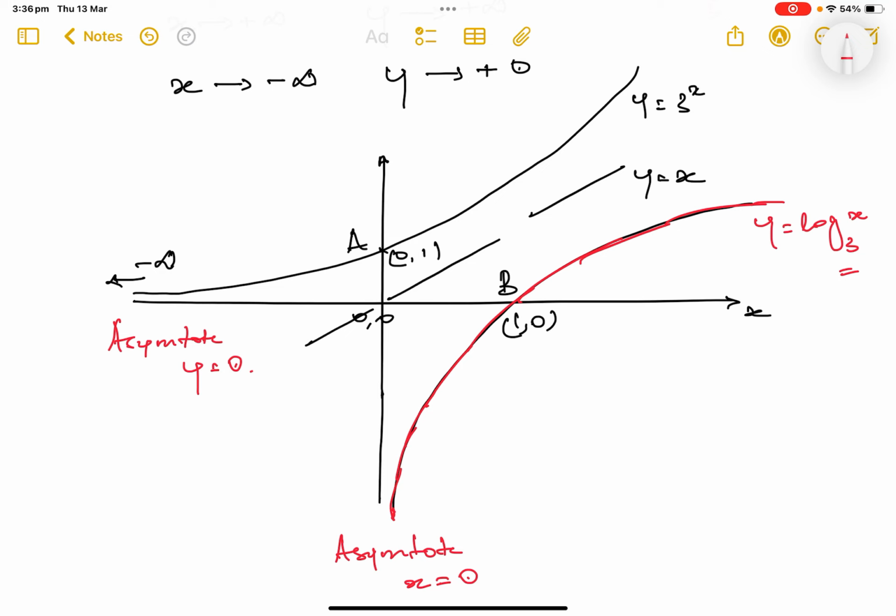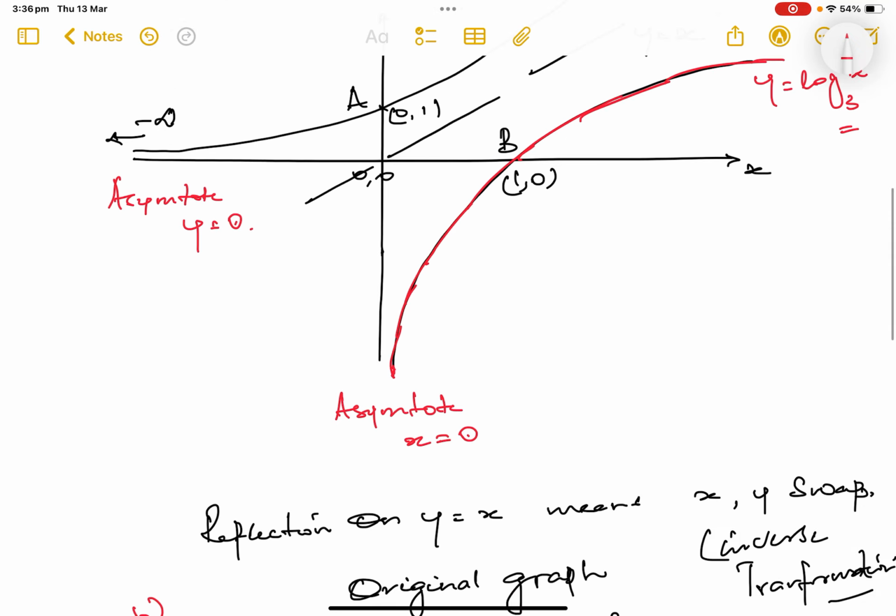And again, where x tends to minus infinity on the original, here it's the straight opposite: when y tends to infinity, x is positive infinity, and x tends to positive 0.